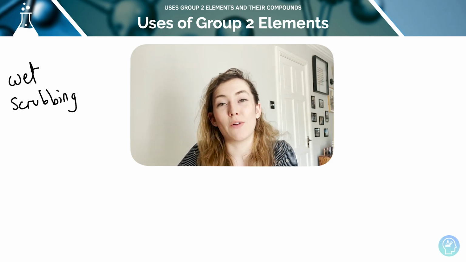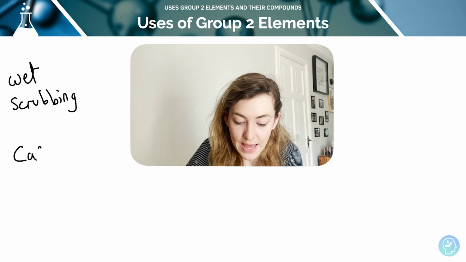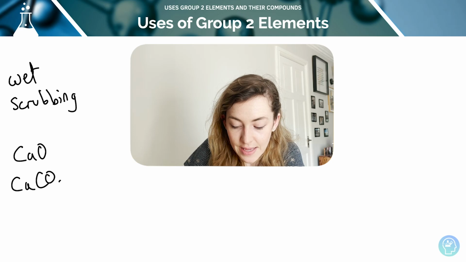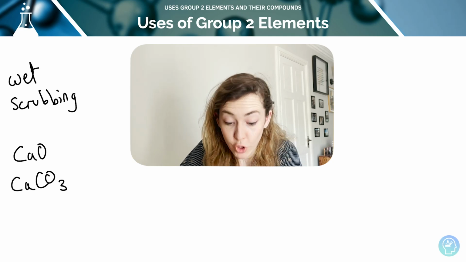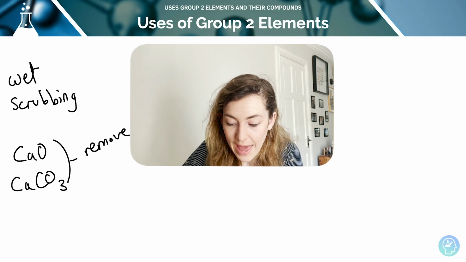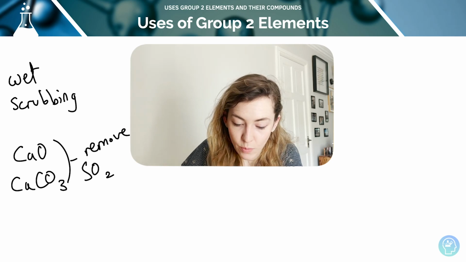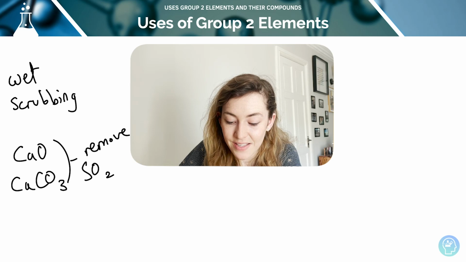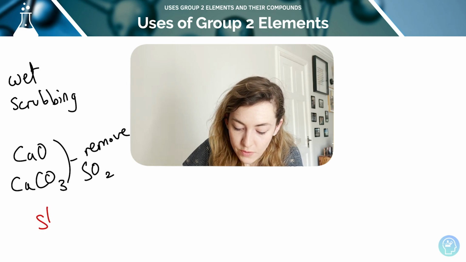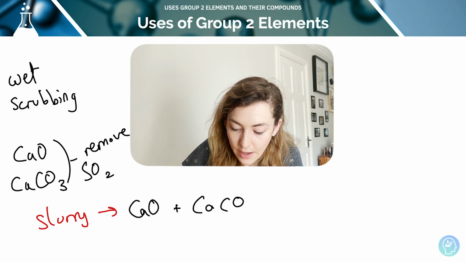So powdered calcium oxide, CaO, or calcium carbonate, CaCO3, can be used to remove SO2. Okay, that's what we want to get rid of. And a slurry is made, and that's a combination. So if we want to make a slurry, we're going to combine calcium oxide, calcium carbonate, and water.